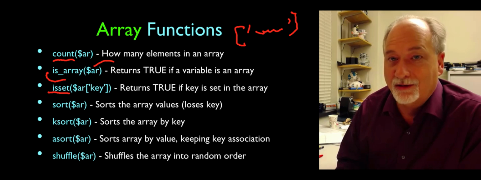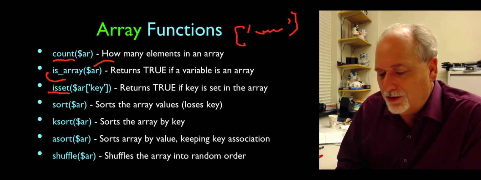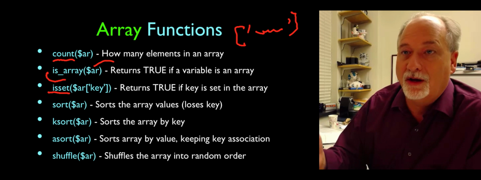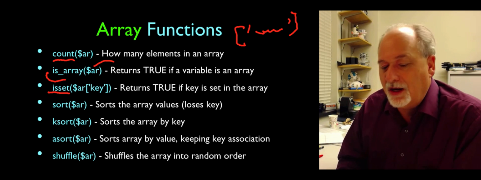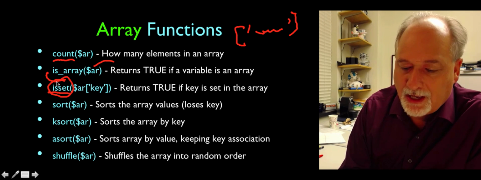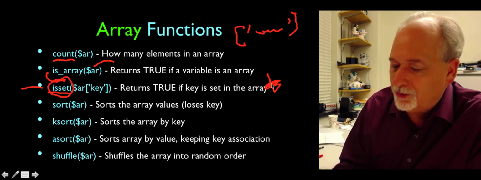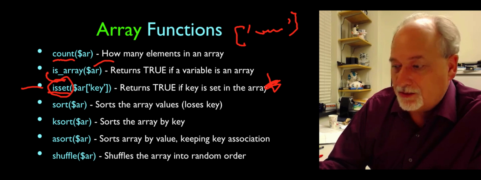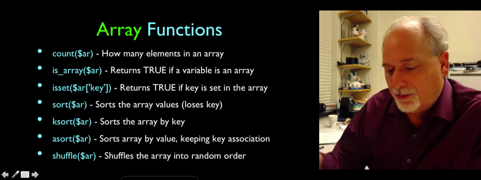Otherwise you'll get an error. I don't quite know why it has to do that, but it's made a choice that extracting something from an array with the wrong key is an error, but you can check to see if it exists with isset. So remember that is a really important feature. It's very necessary as we start to look at post data, whatever.